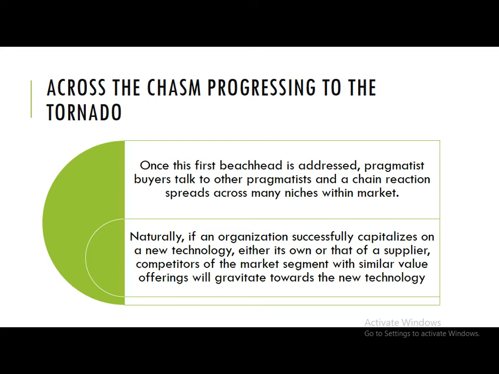Once this first beachhead is addressed, pragmatist buyers talk to other pragmatists, and a chain reaction spreads across many niches within the market. Naturally, if an organization successfully capitalizes on a new technology, either its own or that of a supplier, competitors in the market segment with similar value offerings will gravitate towards the new technology.